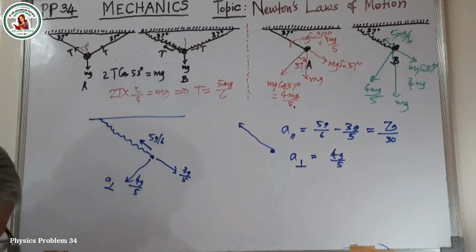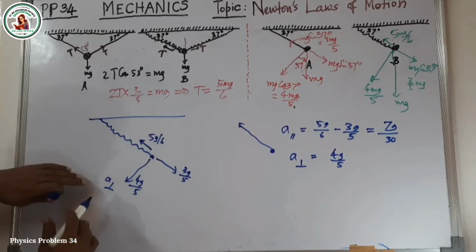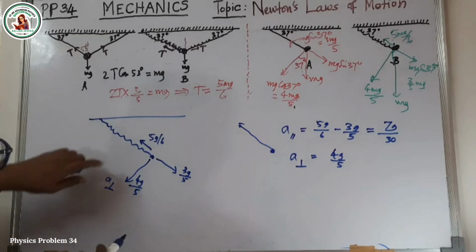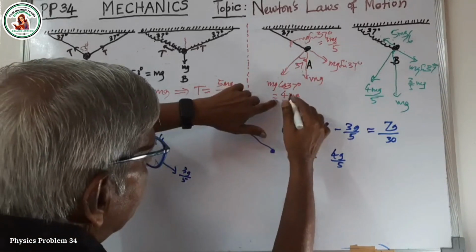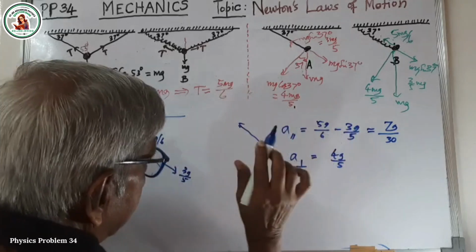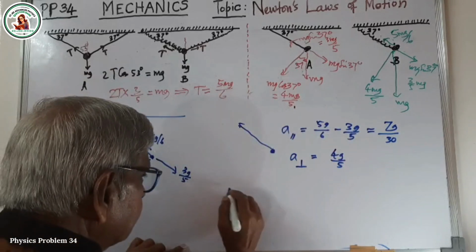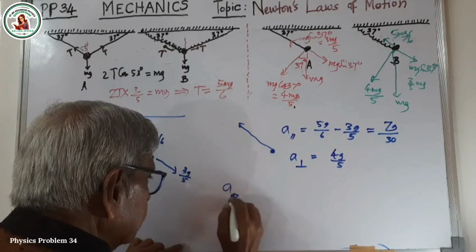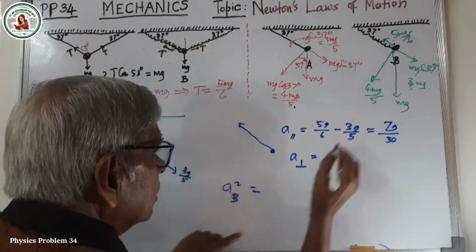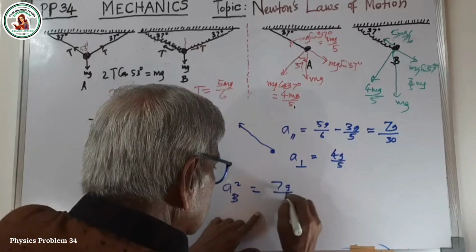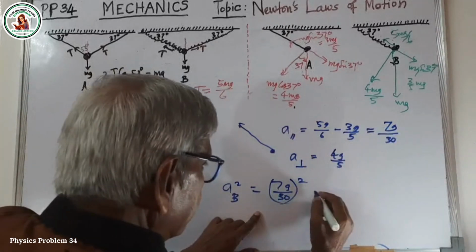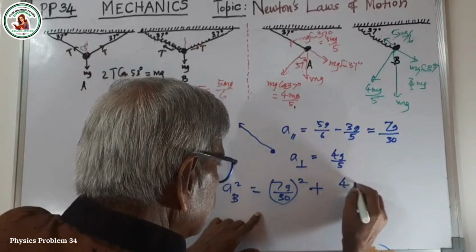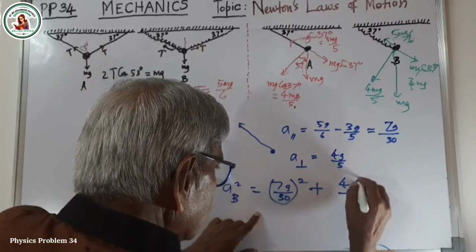The acceleration of A is only this 4g by 5. The acceleration of B squared is equal to 7g by 30 squared plus, because both are at right angles, 4g by 5 squared.